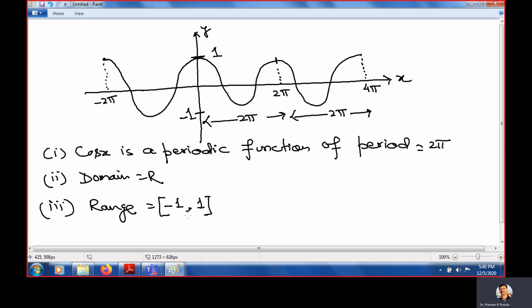So the graph of cosine x is also the same kind of graph like the graph of sin x. Clear? Sin x and cosine x graphs are same. The properties are also same. And period is 2 pi.